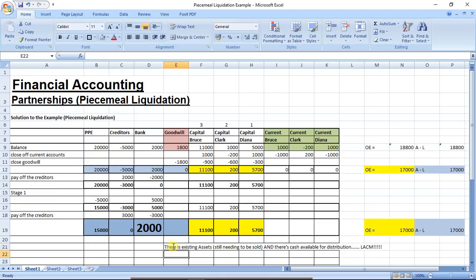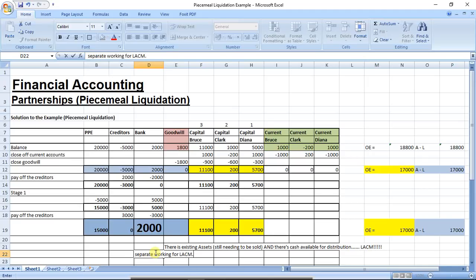That's the only time when the loss absorption capacity method will be applied: when you have cash available to be distributed and you've got partners who don't have the same capital balances, and there is property, plant, and equipment still existing that needs to be sold. So this is a separate working.